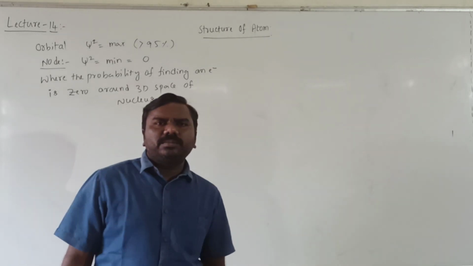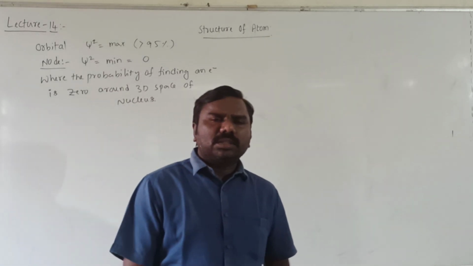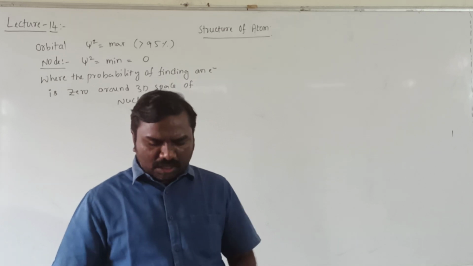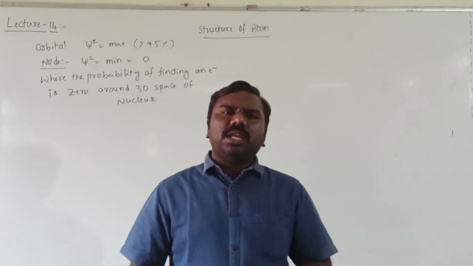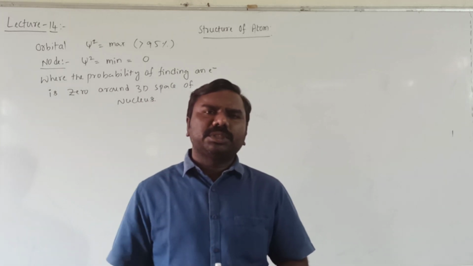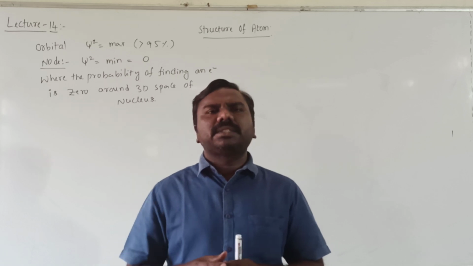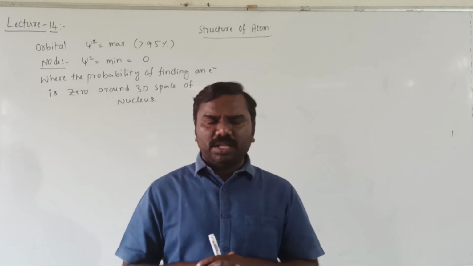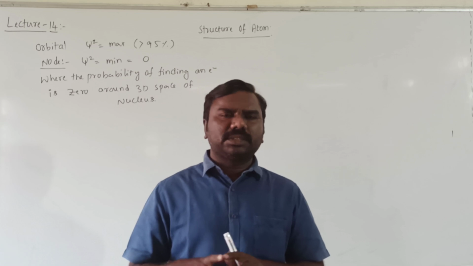So now we have to draw three graphs: radial probability distribution versus radius, psi versus radius, and psi square versus radius.